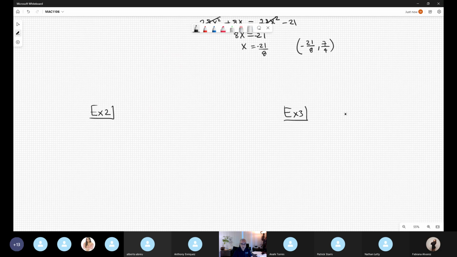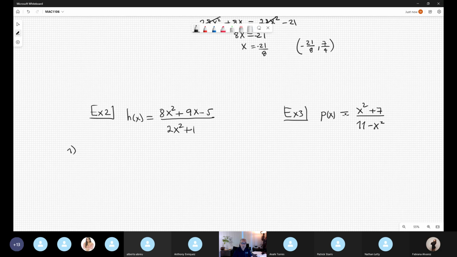In example 2, we have h of x equals 8x squared plus 9x minus 5 divided by 2x squared plus 1. In example 3, we have p of x equals x squared plus 7 over 11 minus x squared.